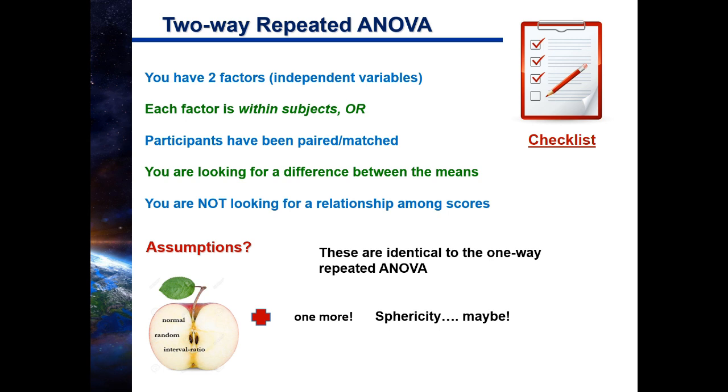So again, sphericity is only tested when your within subjects factor, which could be matched, has to have three or more levels. Okay, so that's why it's always tested in a one-way repeated ANOVA, because a one-way repeated ANOVA for sure is going to have three or more levels.